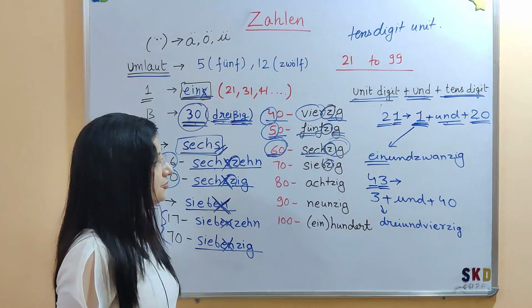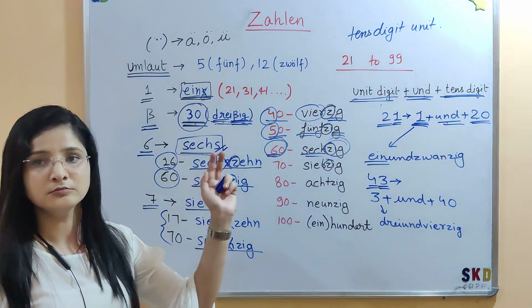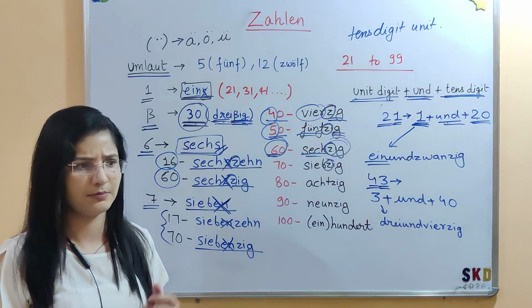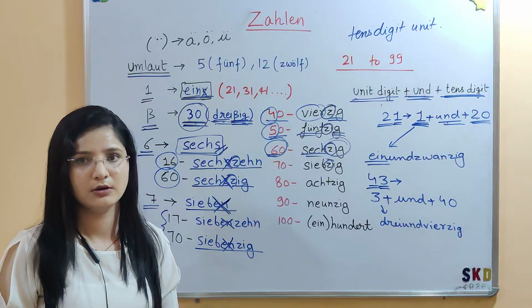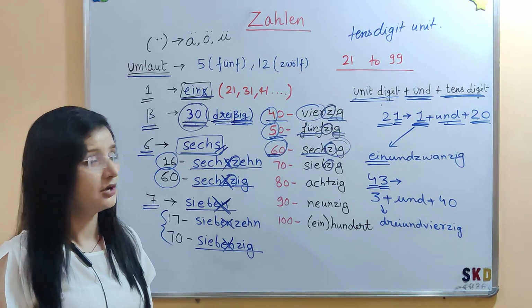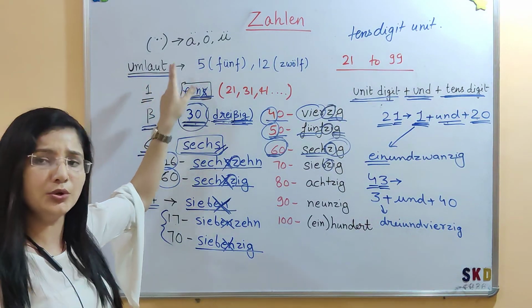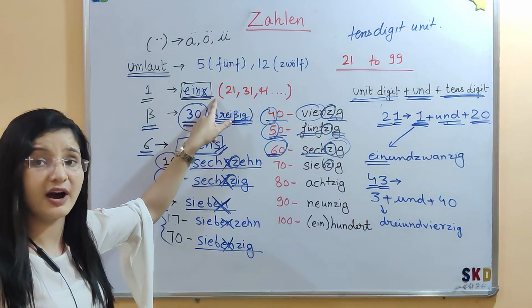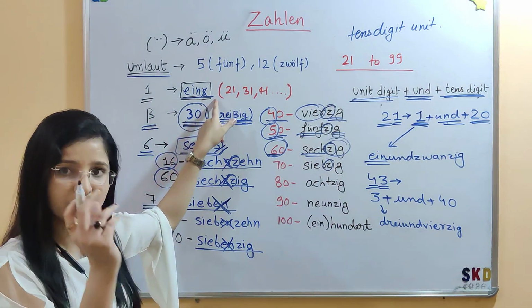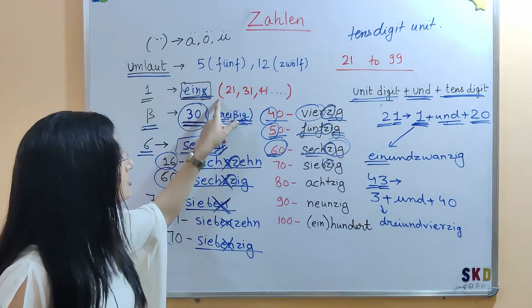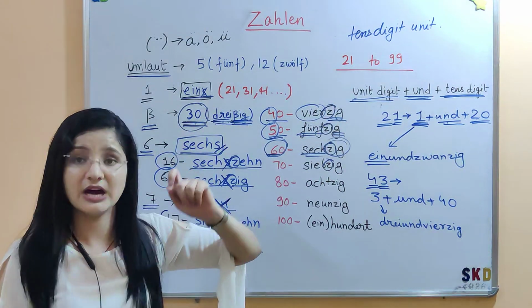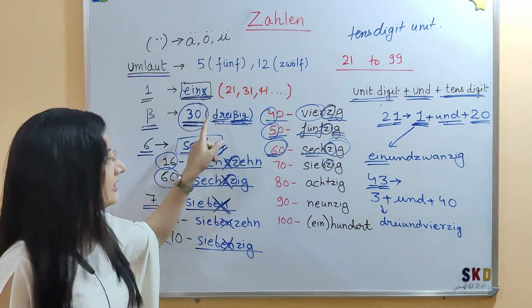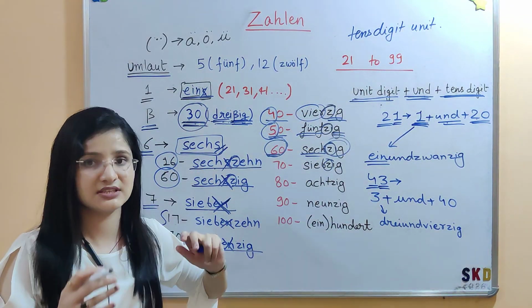So in today's video, we have discussed numbers from 21 to 99. I am repeating again the basic rules you should remember when dealing with numbers in German. Umlaut is there only in two numbers, 5 and 12. The S of eins will be there only when 1 is a unit digit number. Whenever we use it otherwise, it will be ein and not eins. The ß is only there in 30. In other numbers it is replaced with zig.